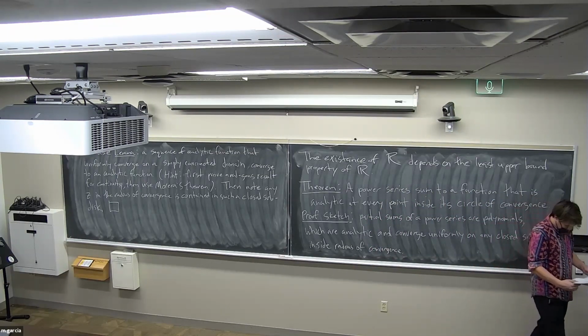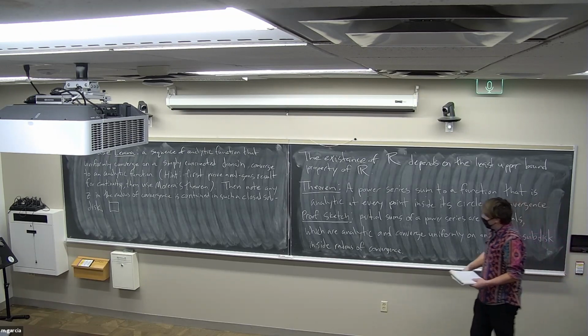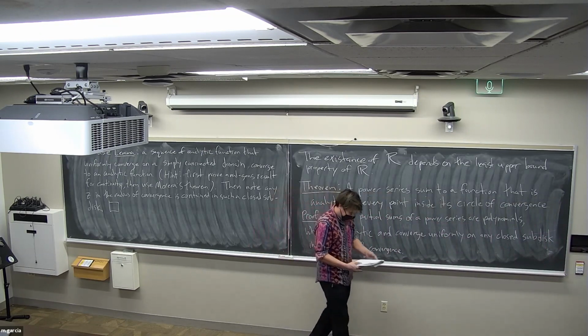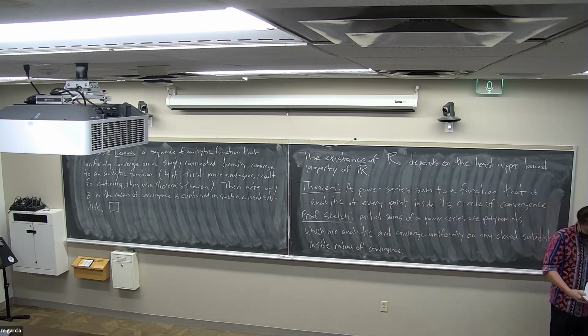So, guess we should start again. All right. Should we wait for Joe? Yeah, we can wait for Joe. That's fine. I was just going by the time, but I actually don't have as much as I thought.